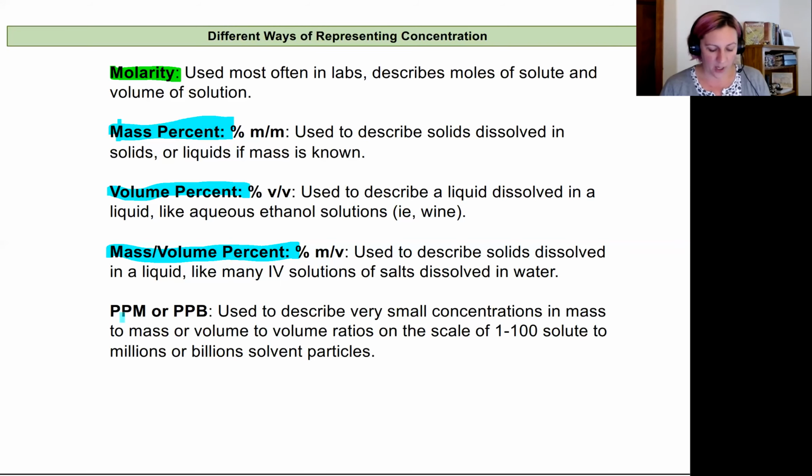We also have parts per million or parts per billion. This is a way of describing really small concentrations. So we either have a ratio of mass of the solute to mass of the solution, or volume of the solute to volume of the solution. But our solute is much, much smaller than the total amount of solution that we have.